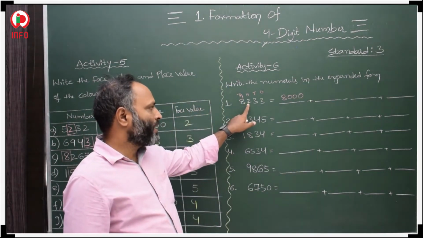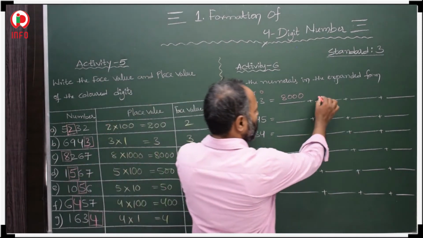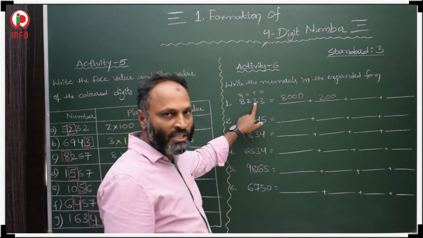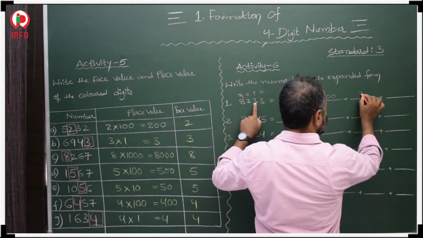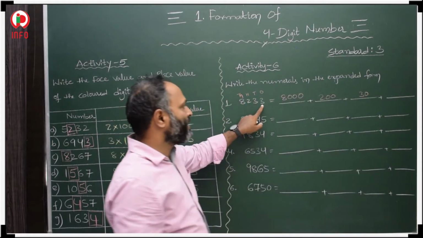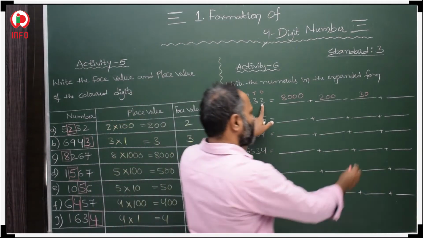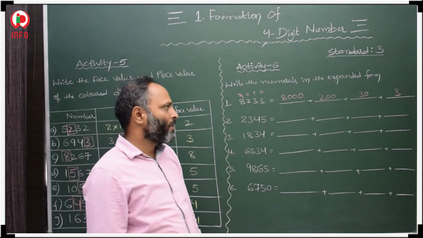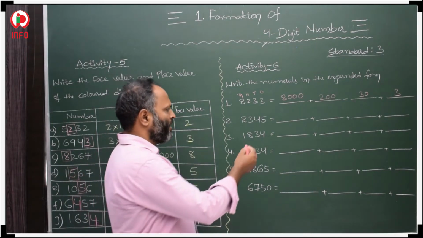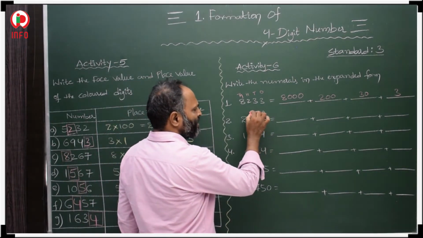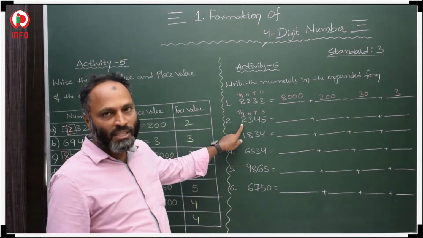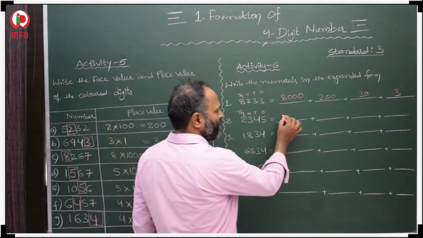And 2 is in the hundreds place, 200. And 3 is in the tens place, that is 30. And one more 3 is in the ones place, that is 3 only. The ones place number stays the same. In the next, ones, tens, hundreds and thousands. 2 is in the thousands place, that is 2000 in expanded form.